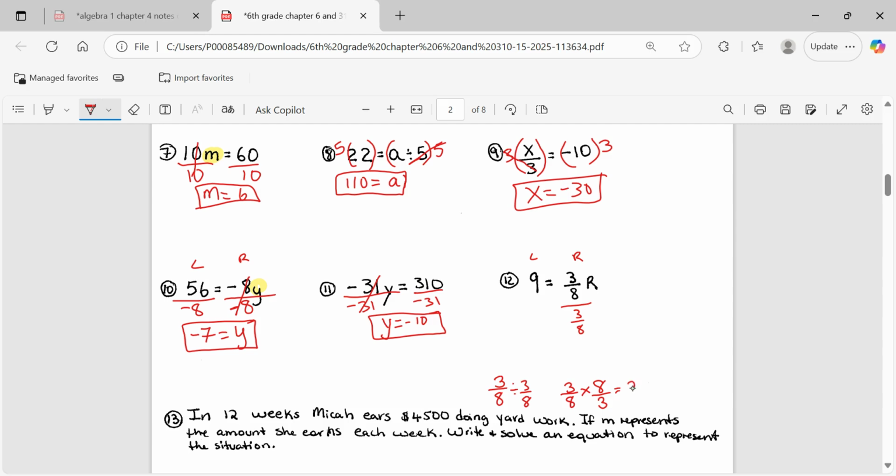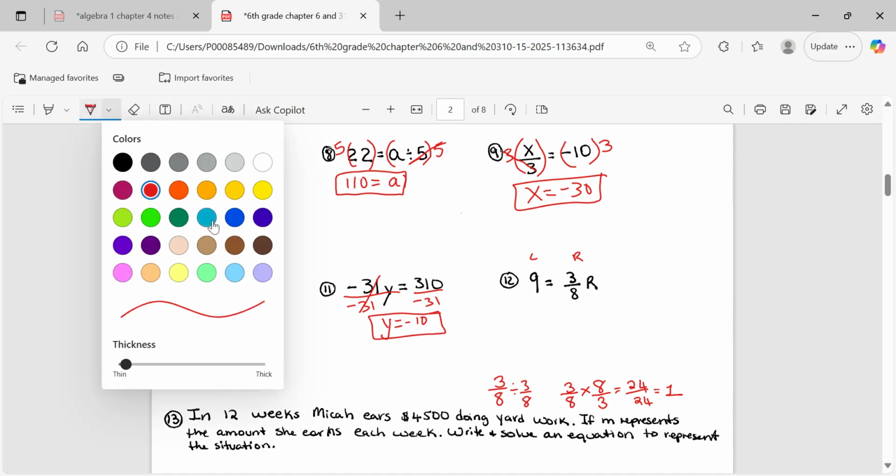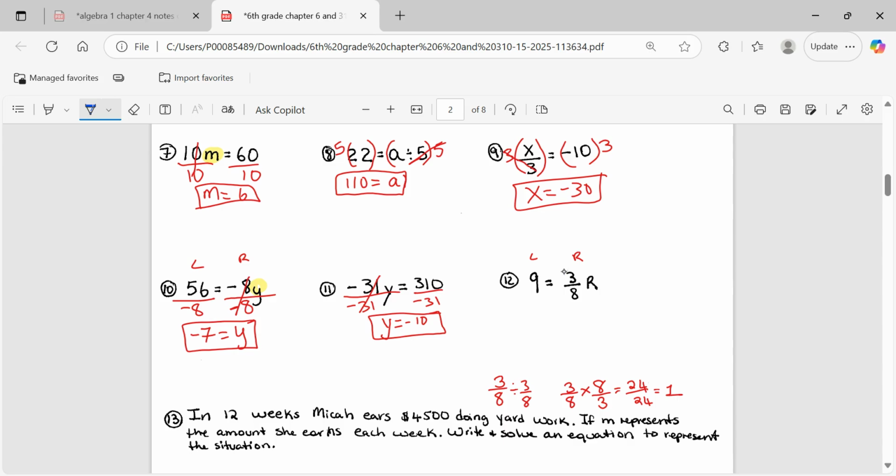So now we get 24 over 24, which is just 1. That's what's going to cause this to cancel out and become just 1r. So instead of dividing it like that, to divide that fraction we're actually going to multiply by the reciprocal, 8 over 3.